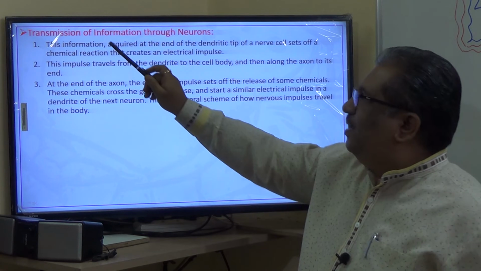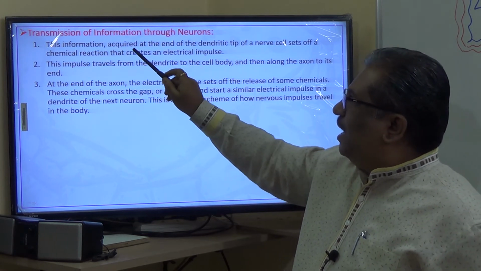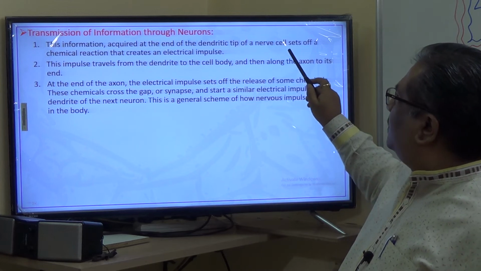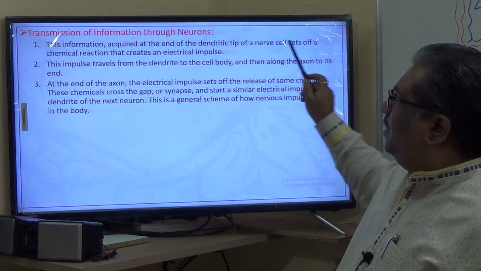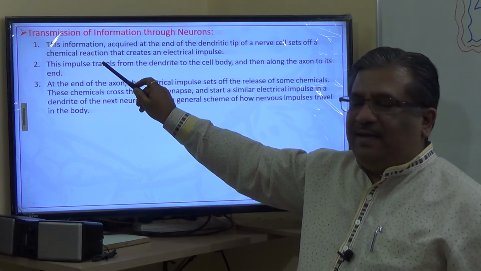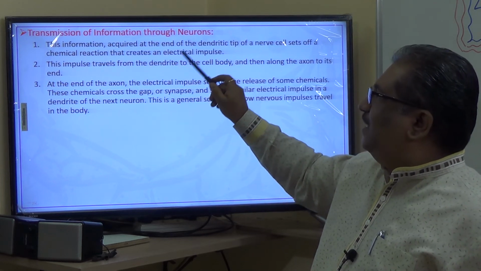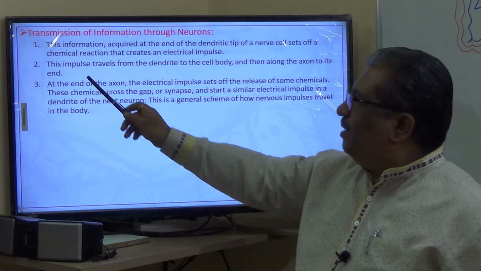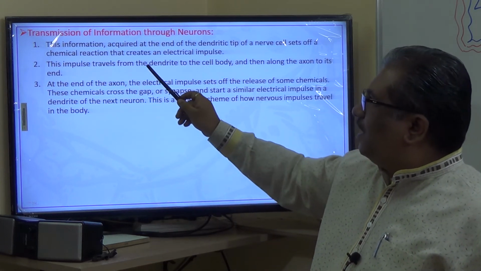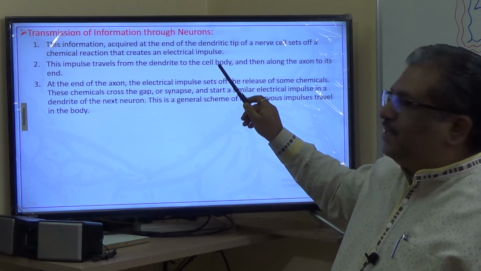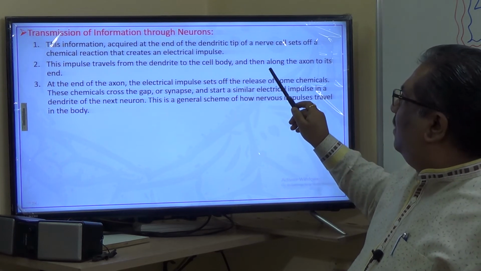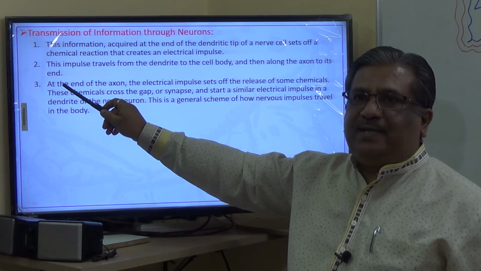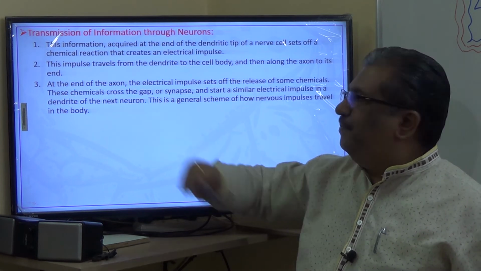The information acquired at the end of the dendritic tip of a nerve cell sets off a chemical reaction that creates an electric impulse. This impulse travels from the dendrite to the cell body and then along the axon to its end, that is the axon end.